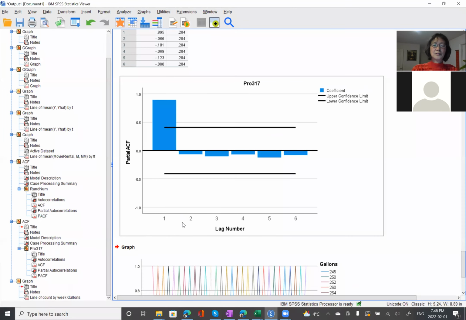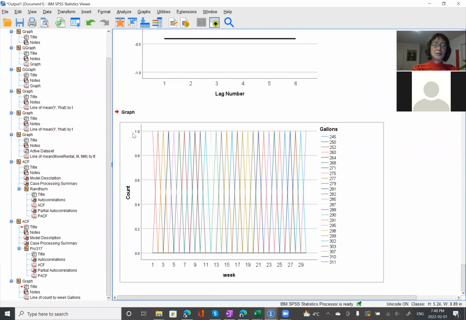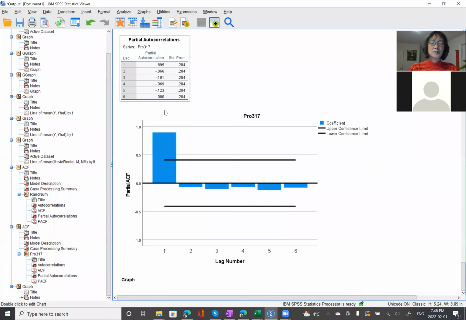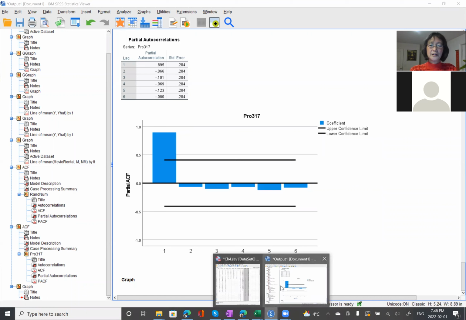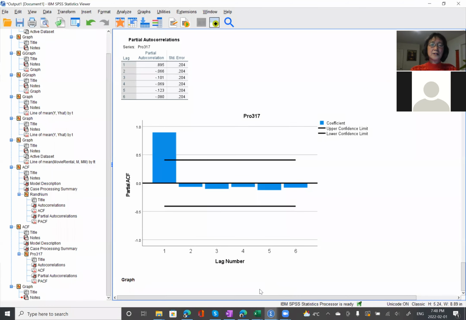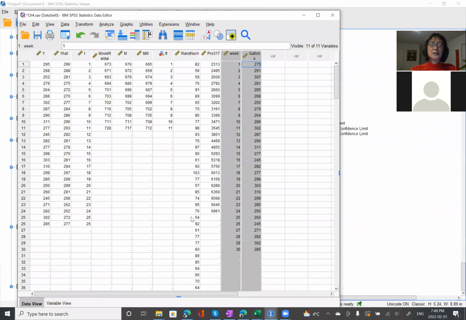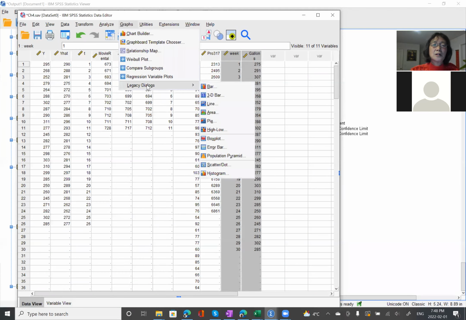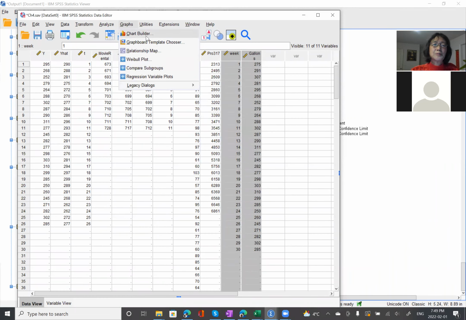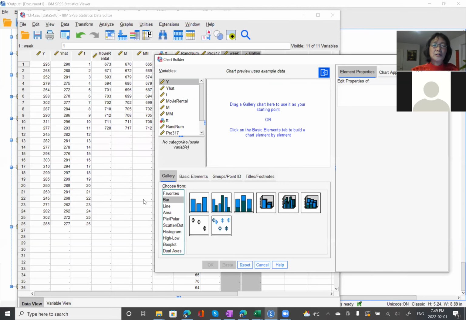No, this is not what I want. So creating a line chart in SPSS looks like a challenge. Let me see. I'll try legacy dialog, line chart. Or maybe I will go to the chart builder. Okay, I will go to chart builder.